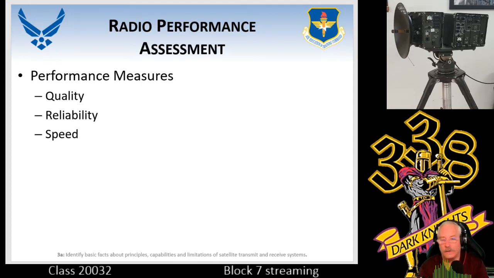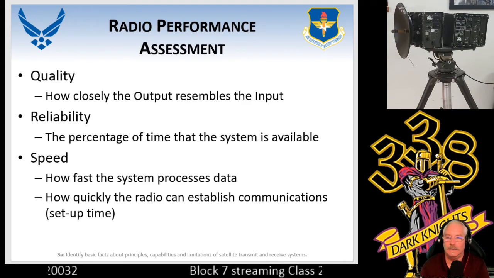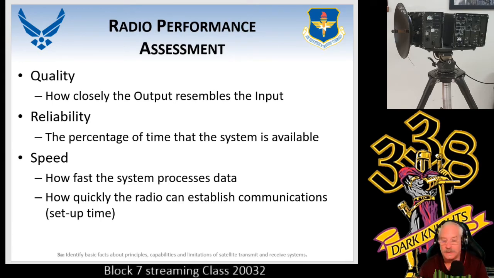Next up, we got quality and reliability and speed. Quality, how close the output resembles the input, close to that fidelity, frequency response. Reliability, percentage of time the system is available.